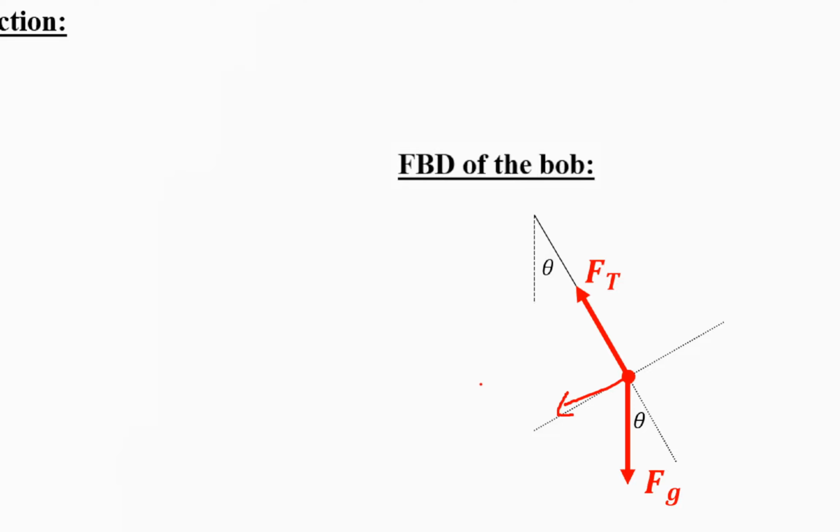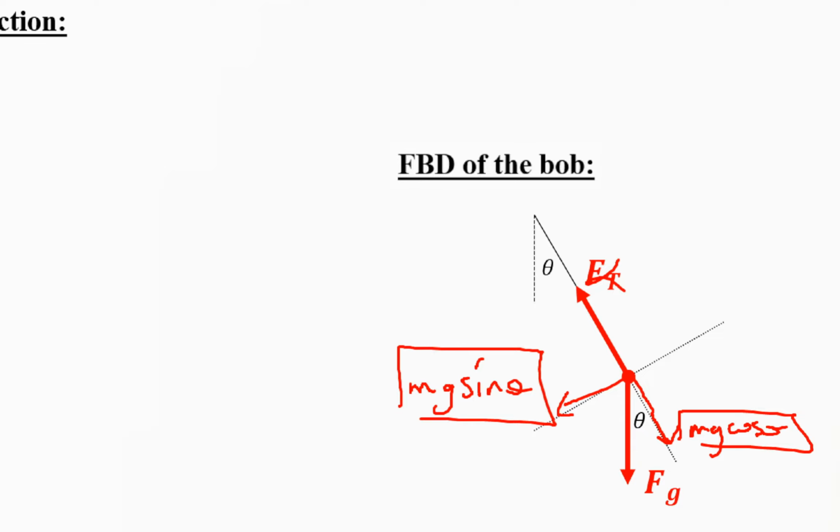One projection is given by mg sine theta, and another projection is mg cosine theta. This component will cancel with the tension. For this reason, there is no motion along the string, and the mg sine theta would be the component of the pull of gravity that is responsible for pulling the bob back into its equilibrium position.